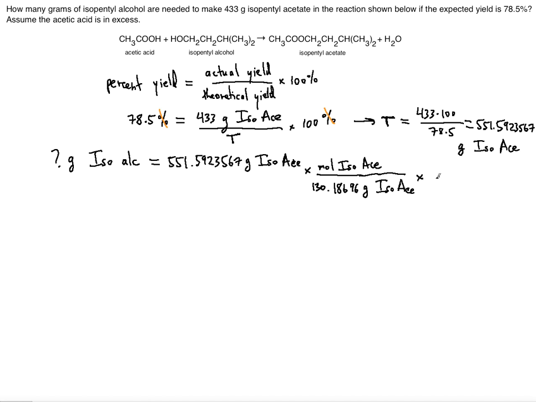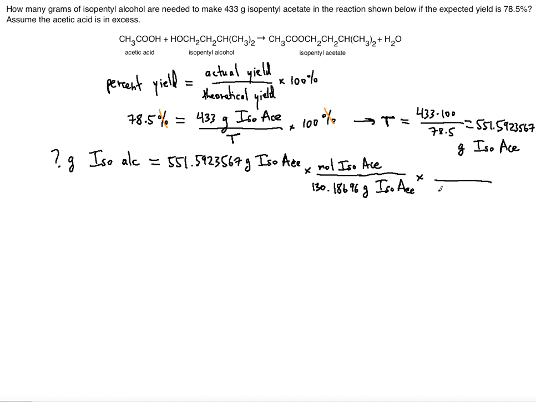Now let's keep going with conversions, because we need to obtain grams of isopentyl alcohol. Looking at the reaction, 1 mole of the product isopentyl acetate is equivalent to 1 mole of the reactant isopentyl alcohol.